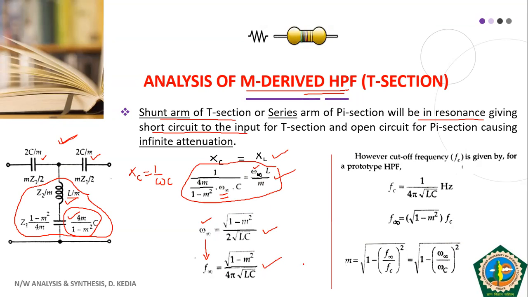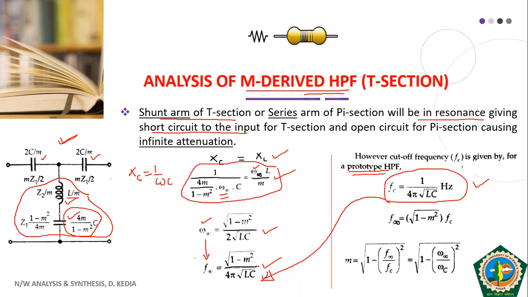Then as we did in the low pass filter, we have already obtained the cutoff frequency for the prototype high pass filter. This we did in constant K filter, and this was the cutoff frequency. So if you substitute this value of cutoff frequency here, Fc equal to 1 by 4 pi under root LC.